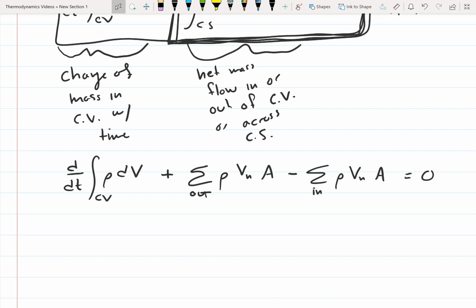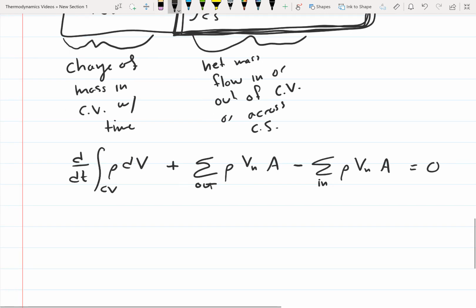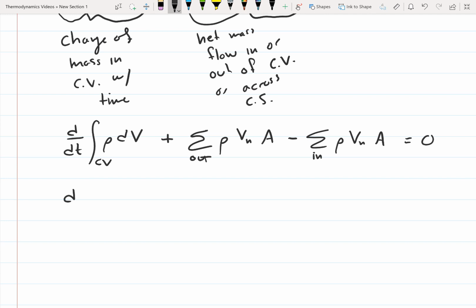And this can be rewritten as d/dt of the integral of rho dV, and this is equal to the mass flow rate in minus, and this is summing up all of the mass in or out, so this is out, and this is m dot.